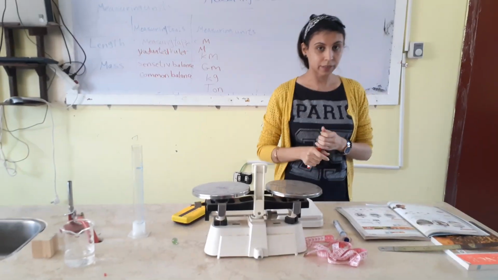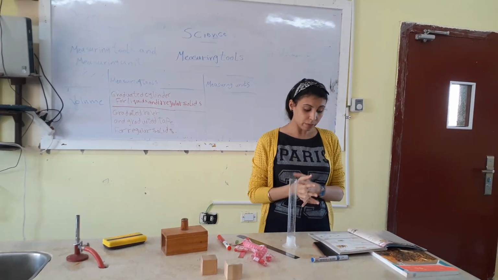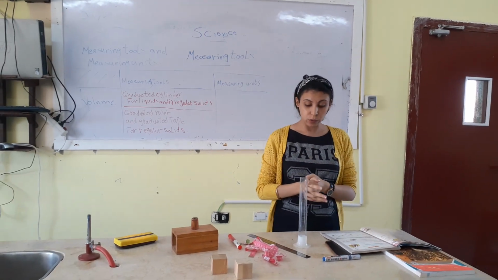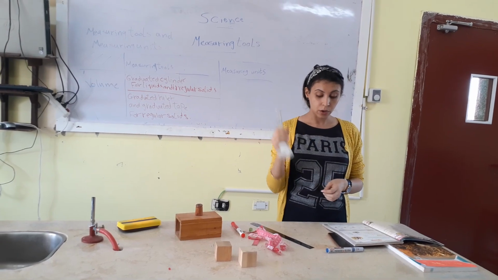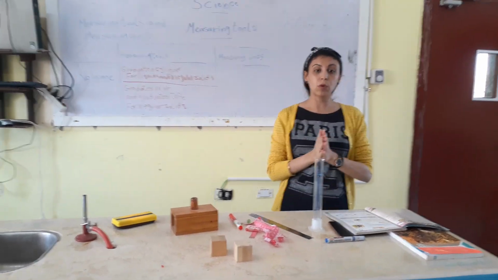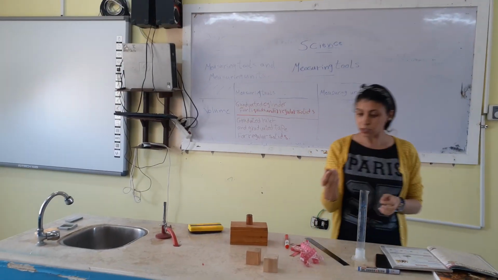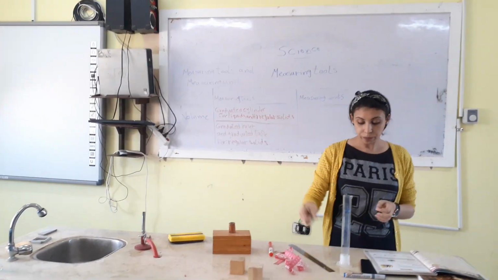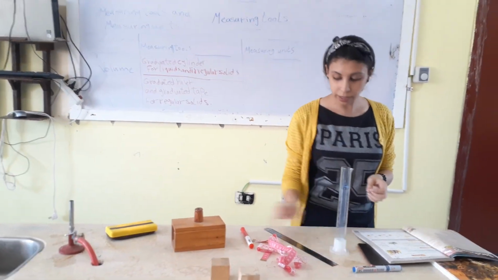Okay. What about volume? For measuring the volume of liquids, we use this graduated cylinder. Okay. For measuring the volume of a regular solid, what is the meaning of regular? Regular, such as this marble. We use this graduated cylinder also.